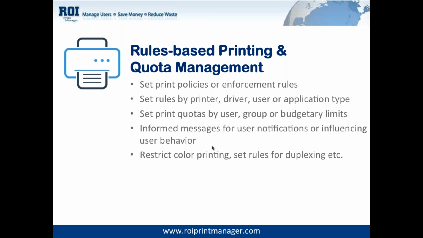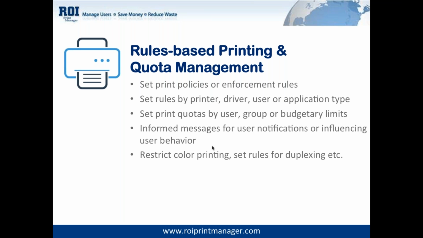So we offer a more cost-effective, value-for-money solution for you to sell to your customers by the ability that we have to simply license the individual modules that you want to sell. So for example, you don't need to sell them the whole pool printing embedded functionality that we also offer as part of the software suite. You just need to be able to sell the rules-based printing and quota management module.